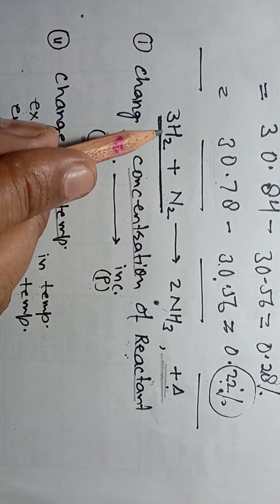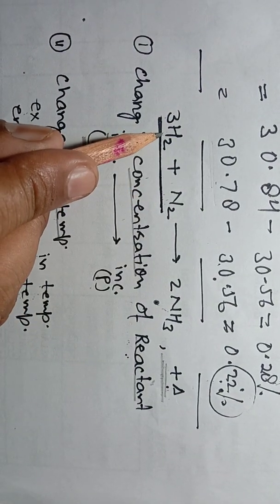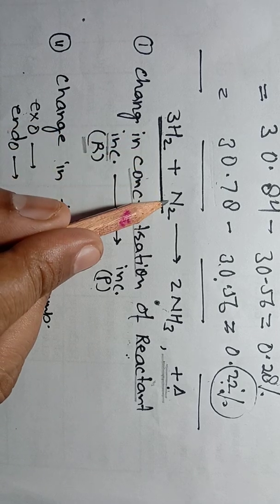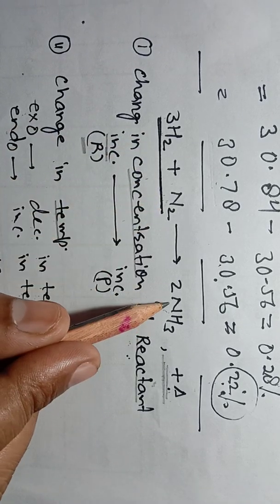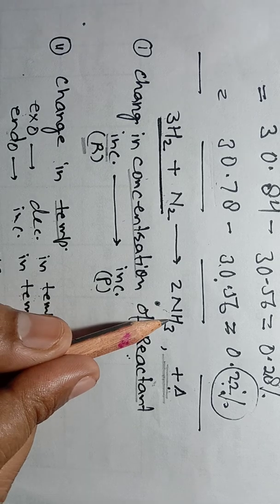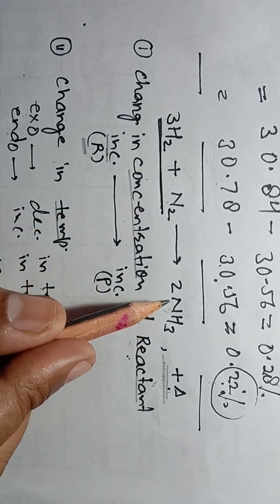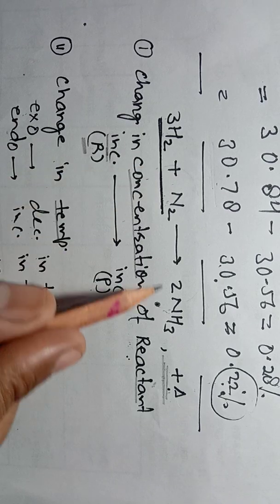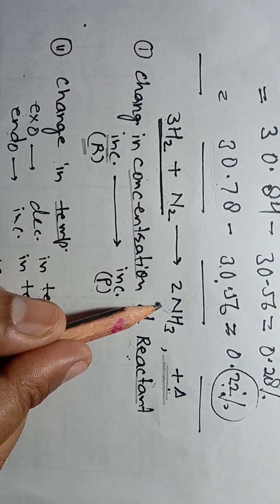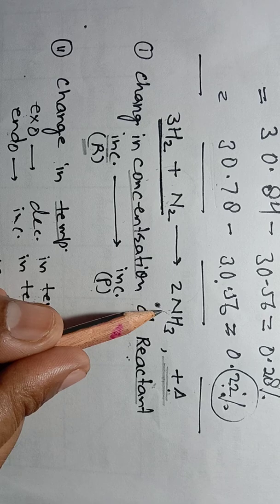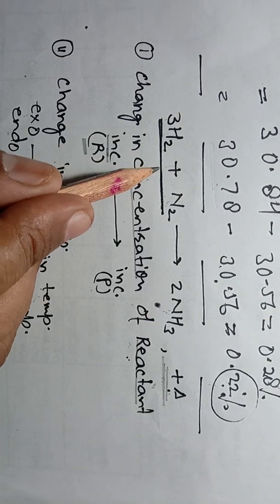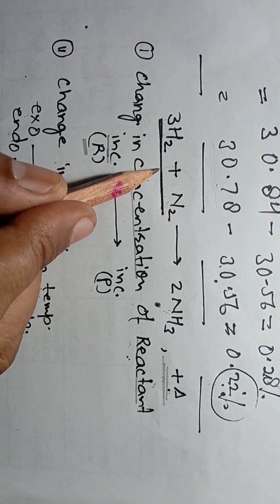Here you have 3 volumes of hydrogen and 1 volume of nitrogen, and you are forming 2 volumes of ammonia, so there is an overall decrease in volume. It means that for this reaction, to get more ammonia, according to Le Chatelier's principle, you will increase the pressure.